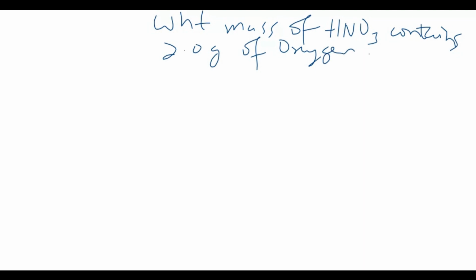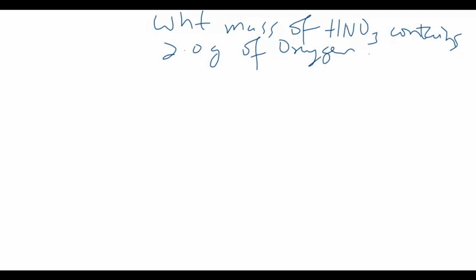So we are going to do the same thing we did with the previous question. We are going to start with what we know. This is a little bit of a twist from the previous question, in the sense that in the previous one we were given the total mass, and we were supposed to find the mass of oxygen in that known mass.